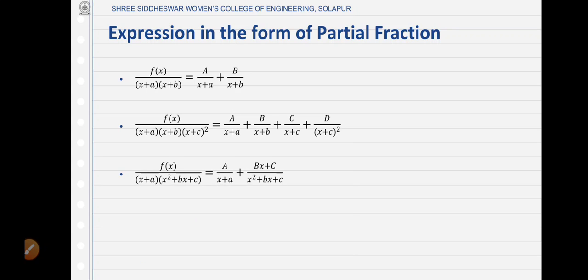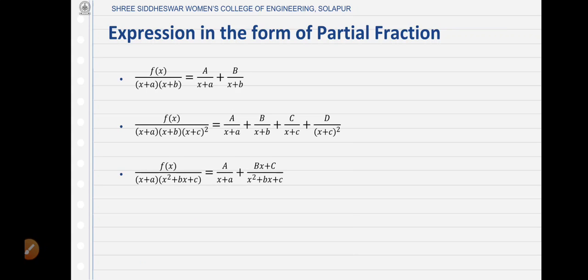Now here you may observe that whatever is the degree of the denominator on the LHS, the same number of constant terms should be there on the RHS. In first case, there are only two factors, x plus a, x plus b. So the degree in total is 2.